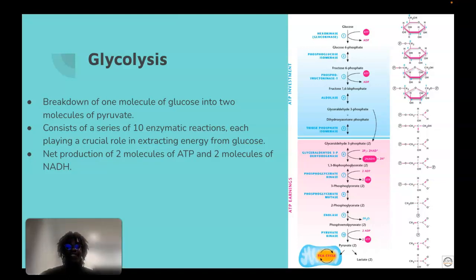The pathway consists of a series of 10 enzymatic reactions, each playing a crucial role in extracting energy from glucose. As glucose is converted into pyruvate, there is a net production of two molecules of ATP and two molecules of NADH. This initial phase sets the stage for the subsequent energy extracting processes in the cell.